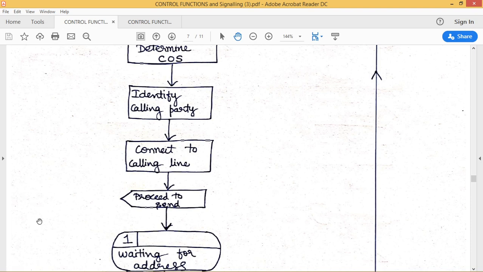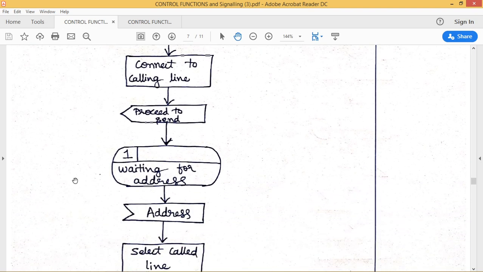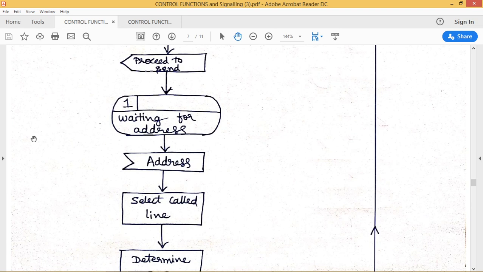Once he receives the proceed to send signal, he starts dialing the address. So once he has received the proceed to send signal, the exchange or the switching system is now in state 1. So that is what the state box is. Now the system is in state 1 and it is waiting for the address signal.